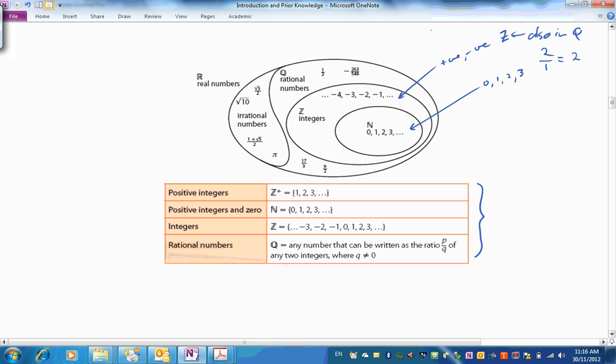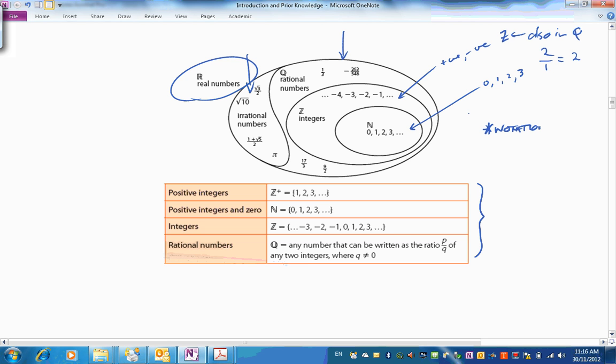Can you see from the diagram the sets are getting bigger and bigger? The whole real number set contains all of them. The rational numbers contain the integers and the natural numbers N, and then you've got the irrational numbers here. So the whole big set is called the set of real numbers. Now this notation is very, very important in the IB.